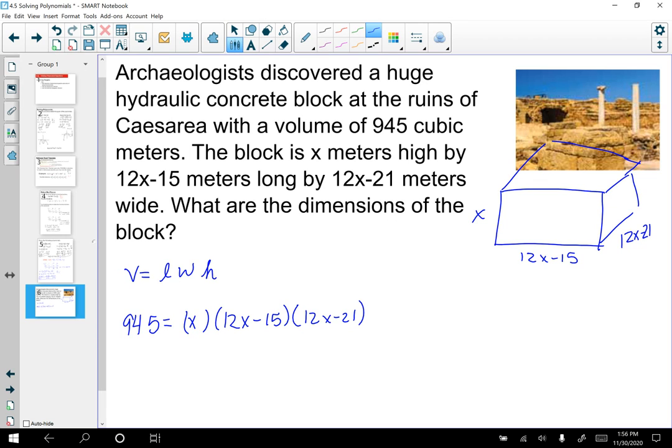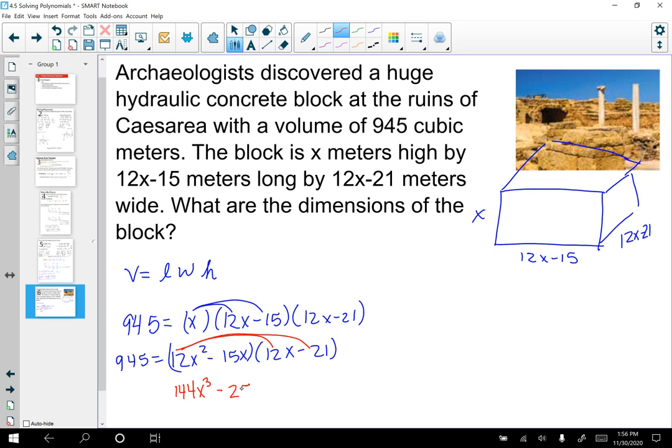So I'm going to go ahead and multiply these out. So I get 945 equals 12x squared minus 15x multiplied by 12x minus 21. So how I got this, I multiplied that x. Now I'm going to FOIL here. And I get 144x cubed minus 252x squared.